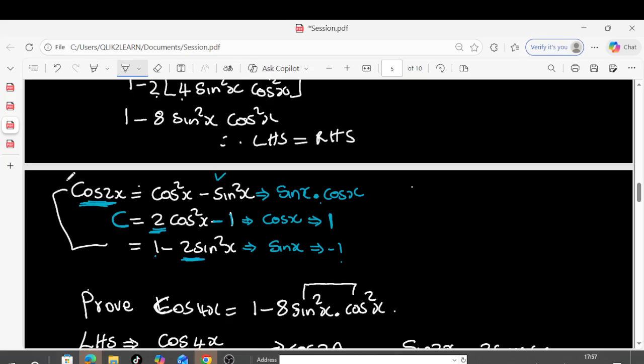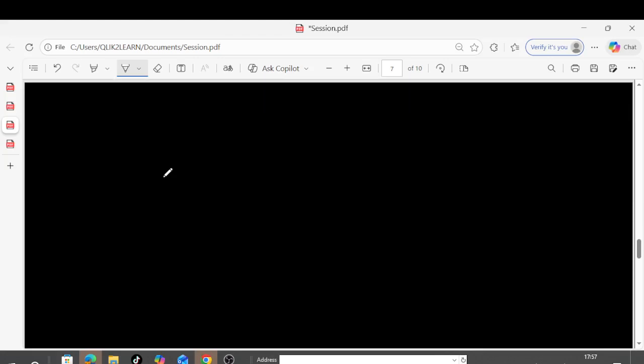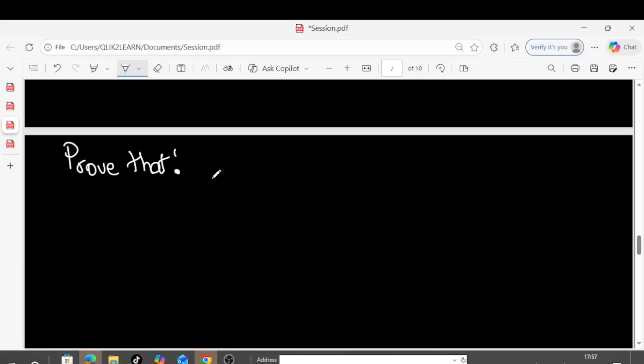So let's try and prove that the sine x minus the sine 2x, and everything is divided by 1 minus the cos x plus the cos 2x.